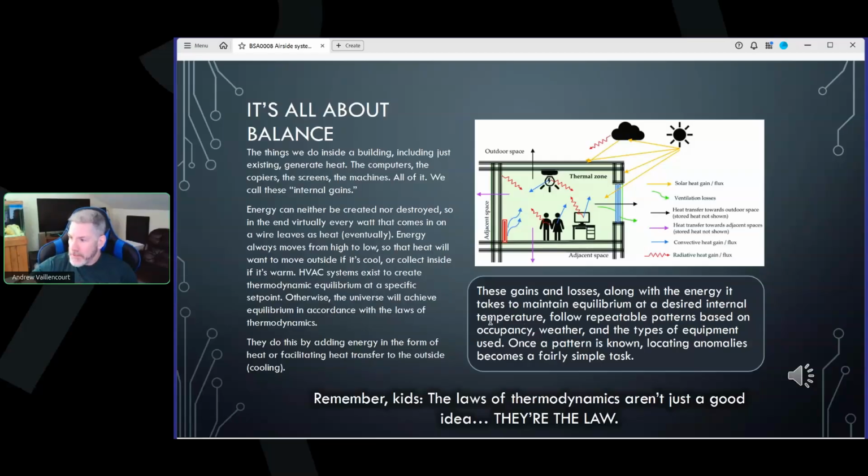The thing for us as site operators or people working in the field is to remember they follow repeatable patterns. There are rules that lock these machines into repeatable patterns that, once we understand, we can do a really good job of figuring out how the machines are running and how they might run better. And remember, the laws of thermodynamics are not just a good idea, they're the law.